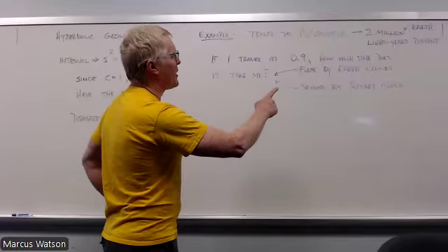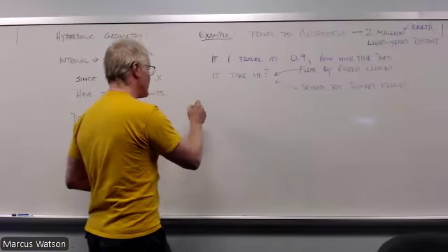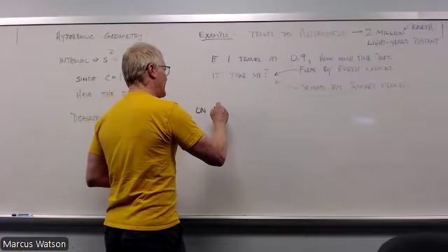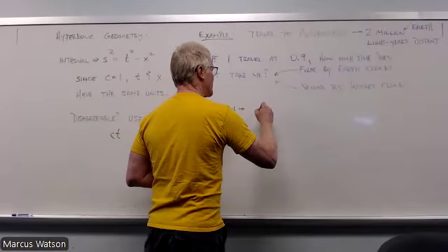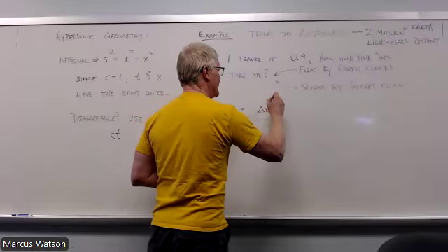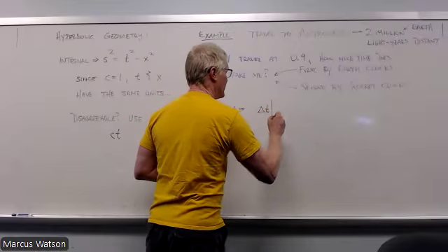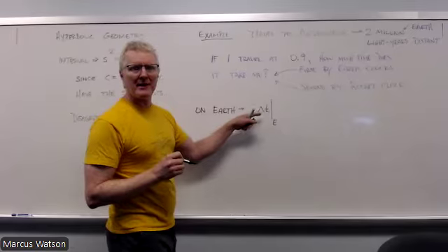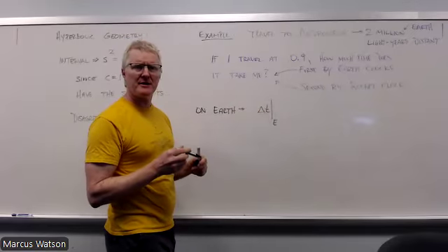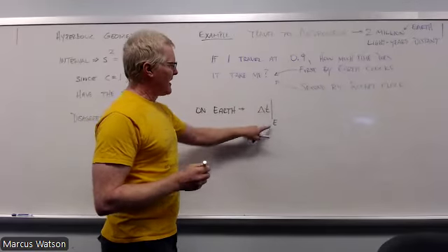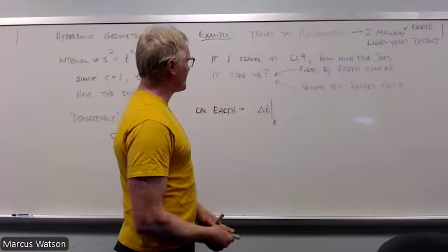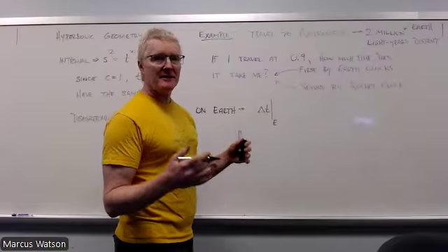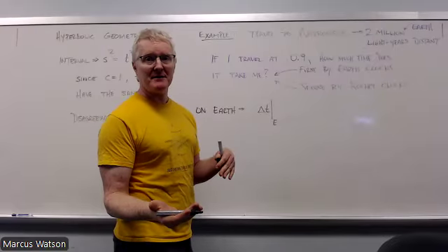So, if I think about how much time is going to pass on Earth, I can say that the time, I'll just call it delta t Earth. I'll call it delta t with a bar, like one of those evaluation bars that you use on the end of integrations. E for Earth and R for rocket. All right, so that time should be the distance divided by the speed, right?